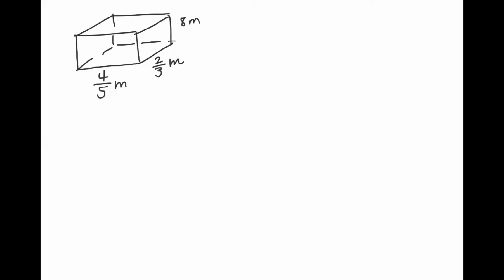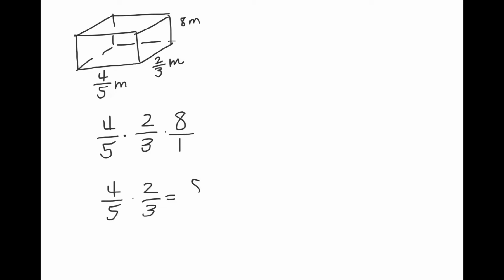Okay, so this is just 4/5 times 2/3 times 8 over 1. Let's start with the first one. 4/5 times 2/3 is 8/15, times 8/1 gives us 64/15.